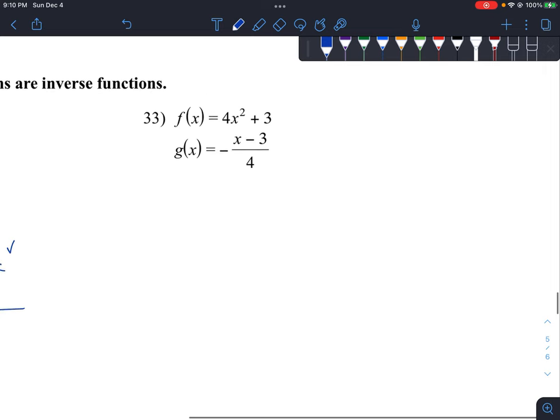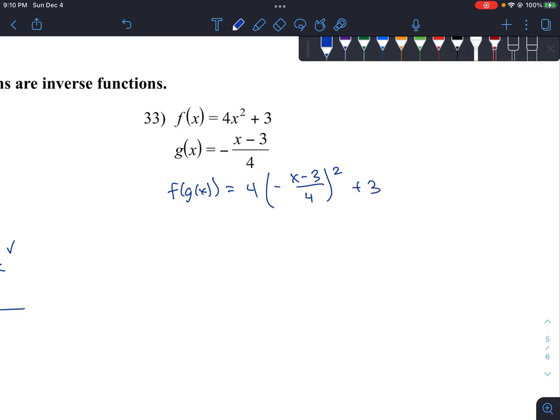Okay, now for 33, let's go ahead and do a very similar process. Let's find f of g of x. That's going to be equal to 4, and then I'm going to plug in this right here. It's going to be negative x minus 3 divided by 4, squared. Then it's going to be plus 3.